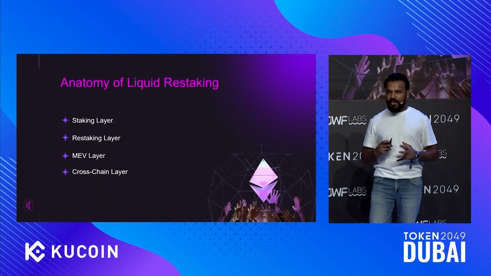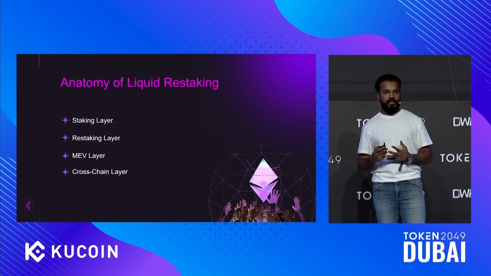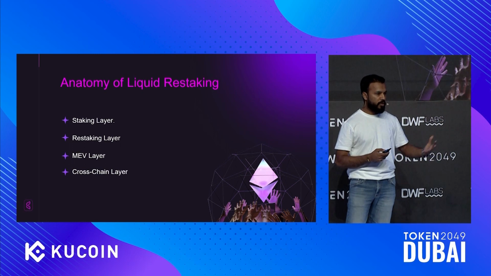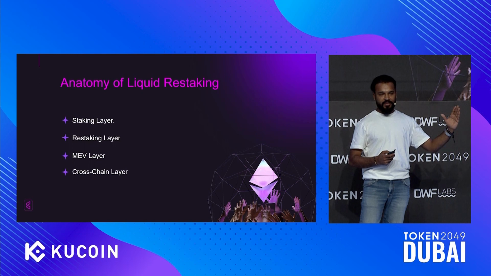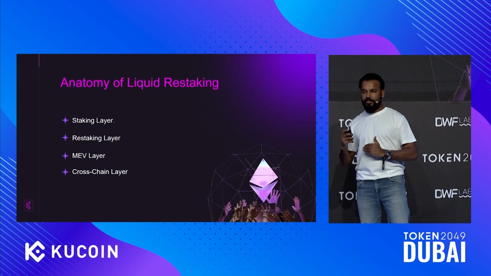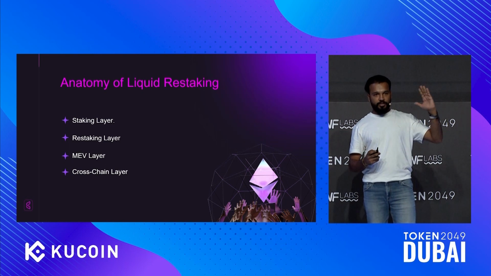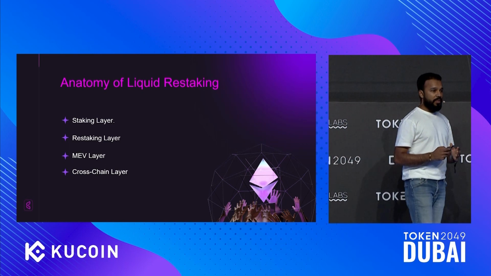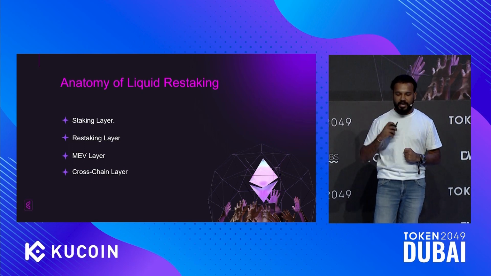So the very first layer is the staking layer. When you deposit ETH in any restaking protocol, the ETH needs to be staked on Beacon chain. I'll jump on each individual topic or component of that. So first, the ETH needs to be staked on Beacon chain. Then the ETH needs to be restaked on any restaking layer, so let's say EigenLayer.